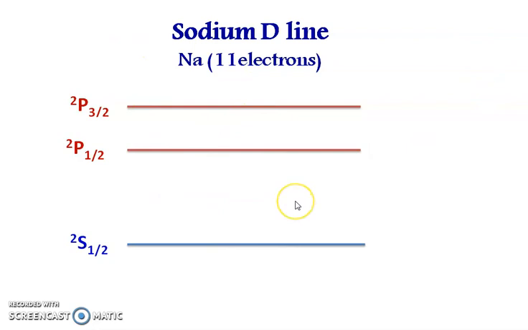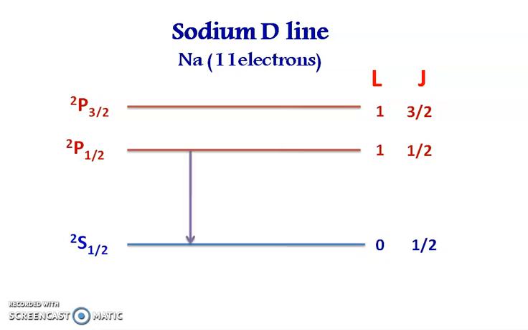Let's see the values of L and J. The 2p 3/2 state has capital L as 1 and J as 3/2. The 2p 1/2 state has L as 1 and J as 1/2. The lower state 2s 1/2 has L as 0 and J as 1/2. Now we check with the selection rules whether a transition is possible.